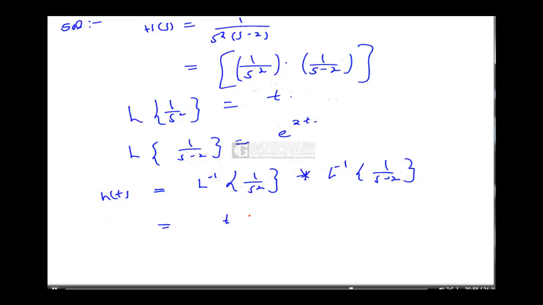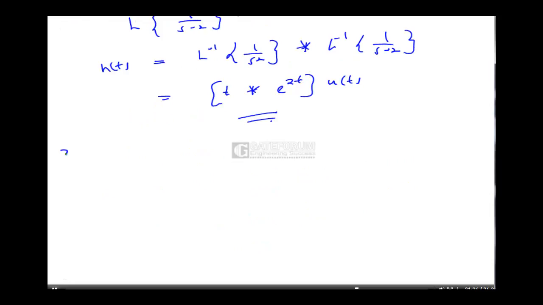This will be equal to t convolved with e to the power 2t u of t. So this is the impulse response of the system. Okay. Very easy. Generally the problems which we are solving are based on the properties of Laplace transform, Fourier transform or Z transform.